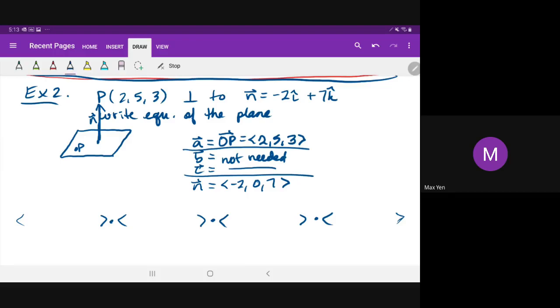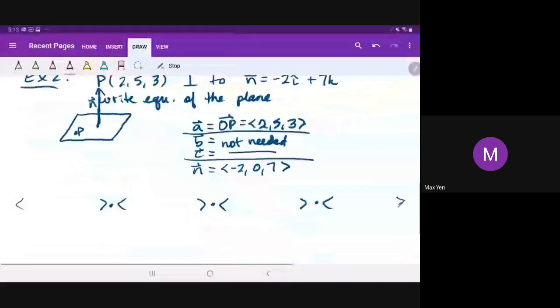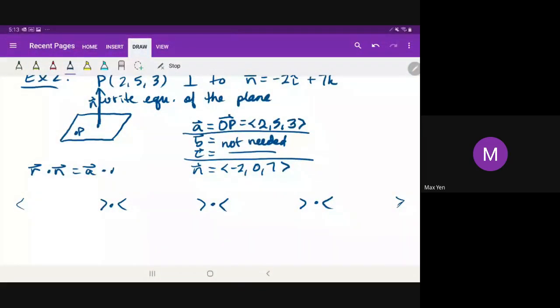I usually write it R dot N equals A dot N. It would be the same thing, but let's be consistent. So R dot N equals A dot N. R is X, Y, Z. N is -207. A is 253. And N is -207.